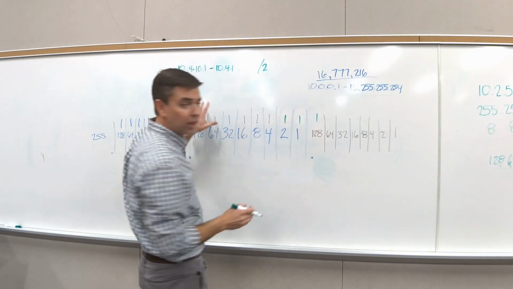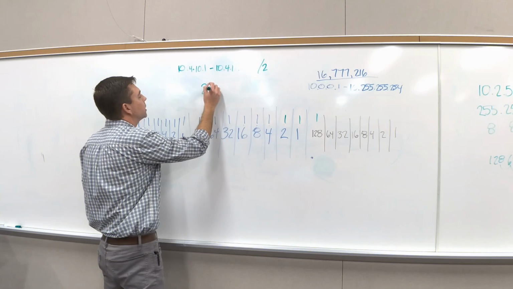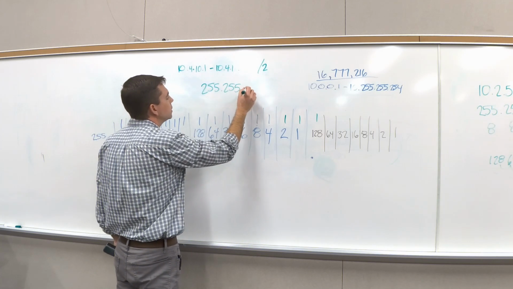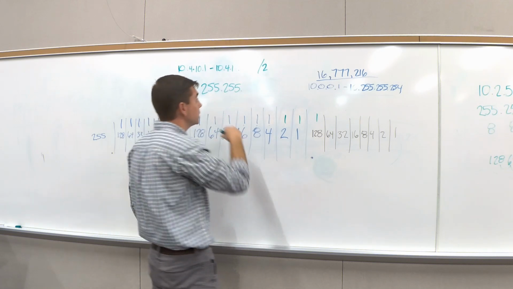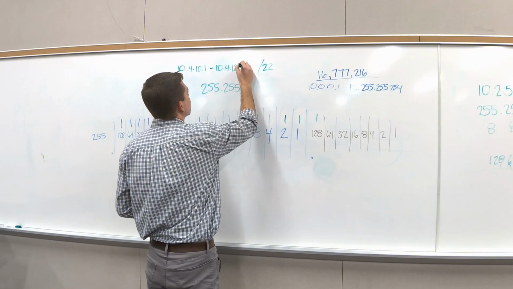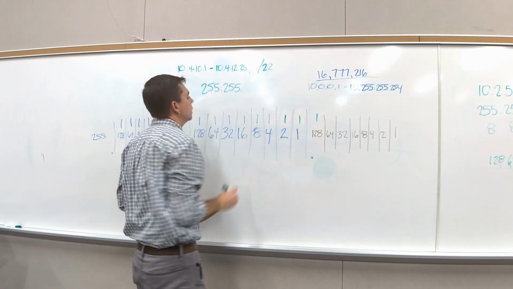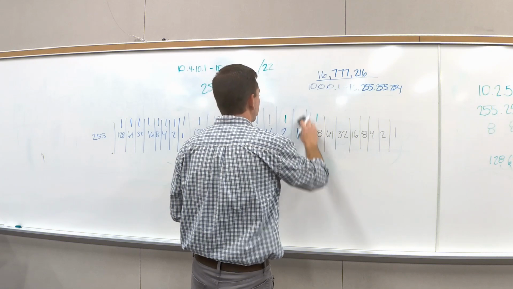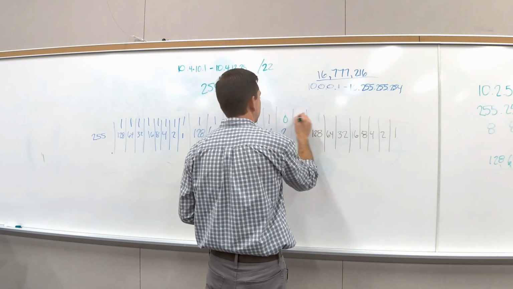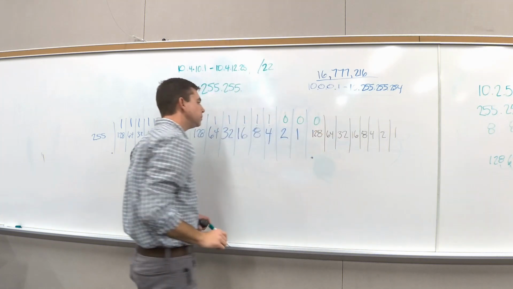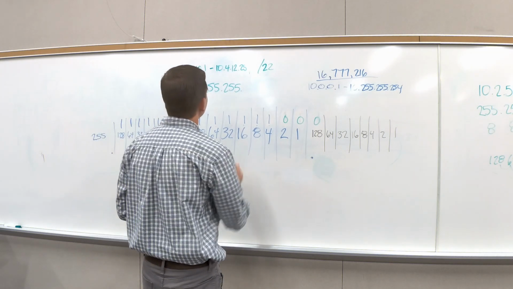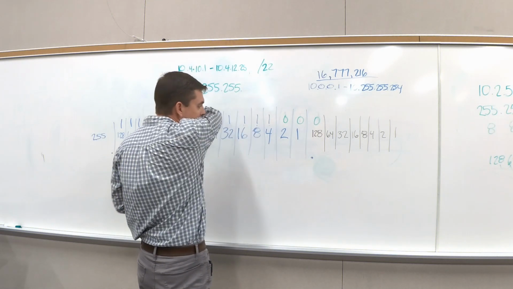And what does that look like on a subnet mask? By the way, a subnet mask, 255 dot, let's say a 22-bit subnet mask. So we go back to this guy. Okay, go back to the 22-bit subnet mask so I don't confuse you. That looks like this.